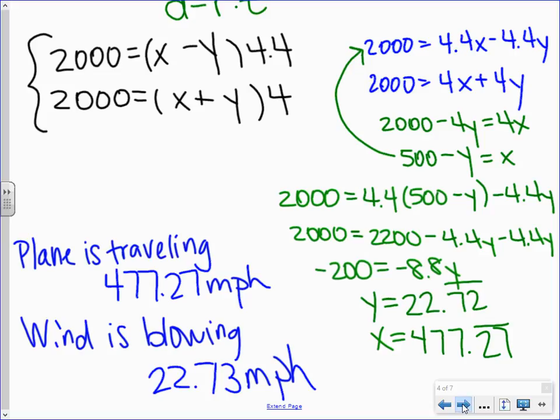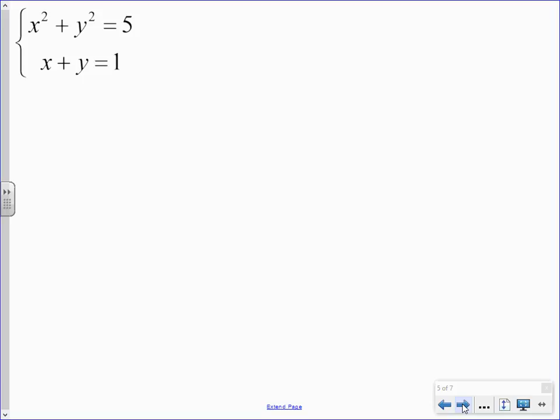All right. Let's try an example that looks like this. Can anyone tell me what x squared plus y squared equals 5 is? Circles. A circle with radius? Radical 5. Okay?